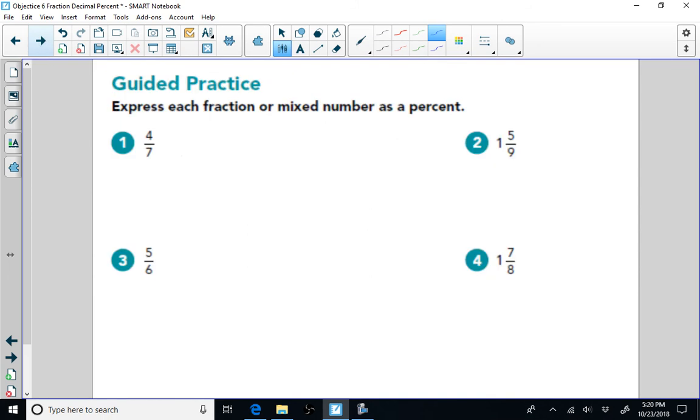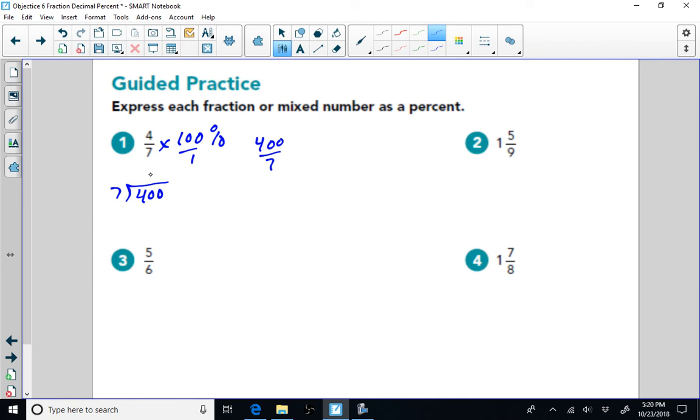All right, so I have guided practice. I'm going to take 4/7. I'm going to multiply that by 100%. Right? And that 100% is over a 1. So that's going to be 400 over 7. 400 over 7. That is the same as 7 into 400.